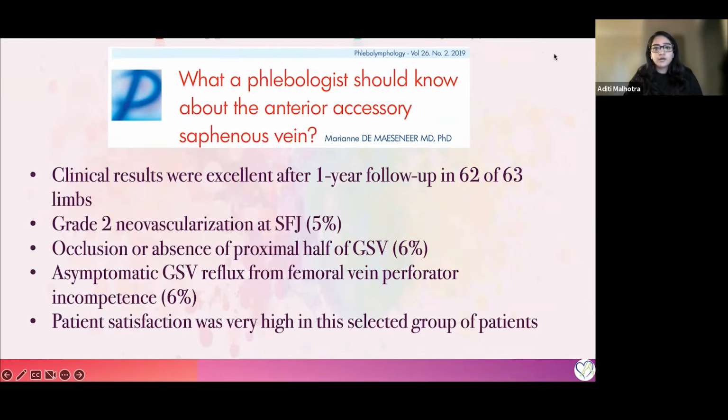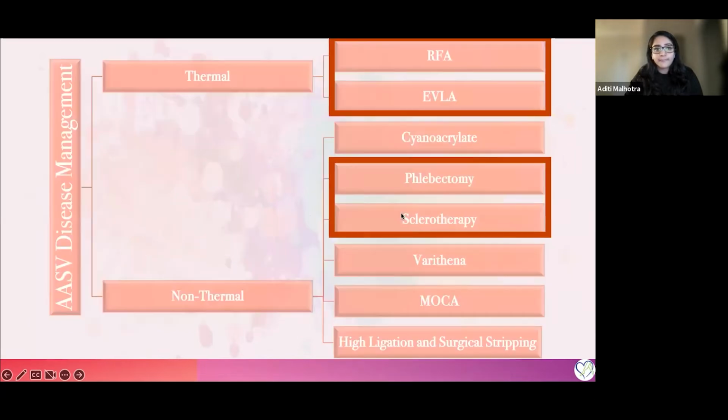She only had 5% had grade 2 neovascularization at the SFJ, 6% had occlusion or absence of the proximal half of the GSV, and asymptomatic GSV reflux from the femoral vein perforator incompetence was also seen in 6%. Otherwise, her patient satisfaction was very high in her selected group of patients.